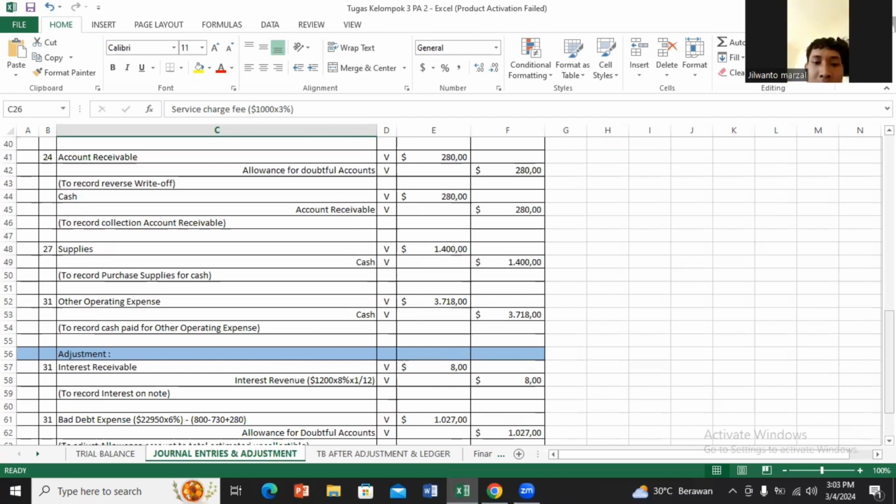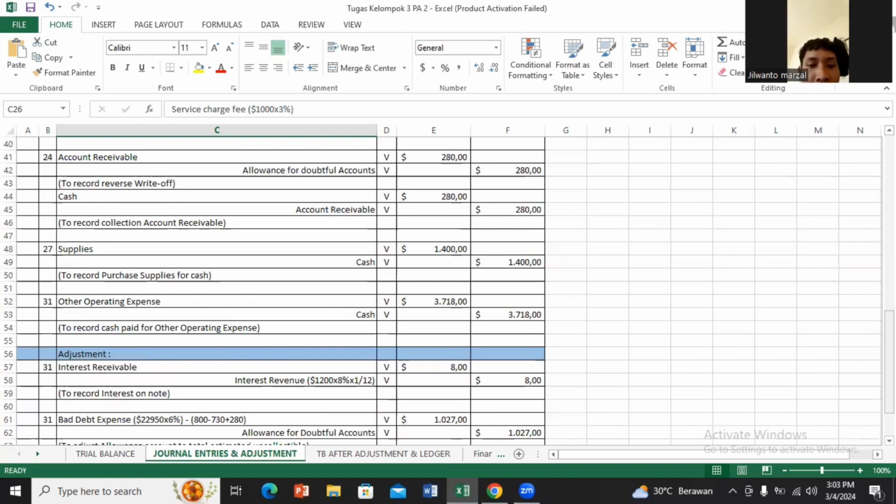The last one is 31 January. Winter paid other operating expenses of $3,718. So the journal for that is other operating expense in debit $3,718, and then cash in credit $3,718. Okay, we move on to the adjustment data.